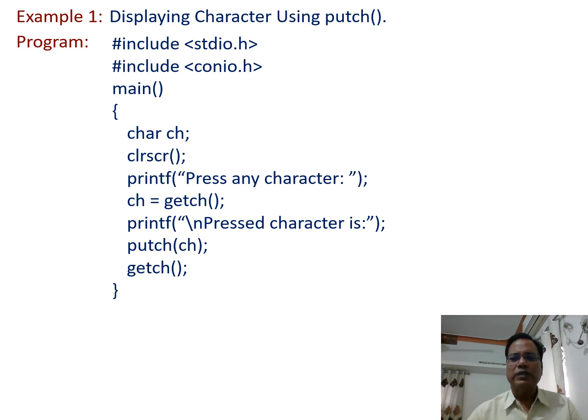Then using another printf statement, we print "Pressed character is:". After the colon the cursor blinks, so at that point putch(ch) prints what is contained in the character variable.